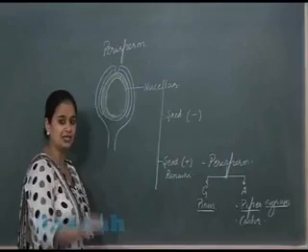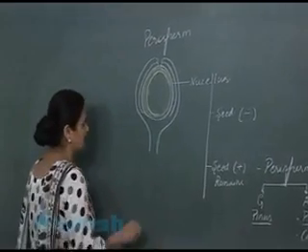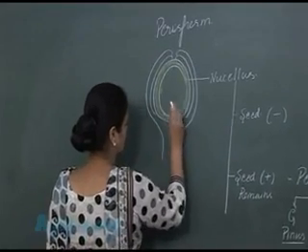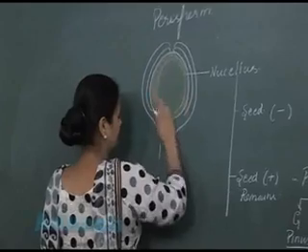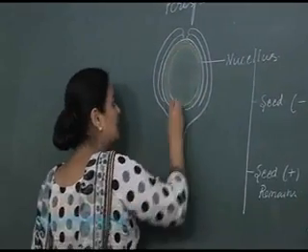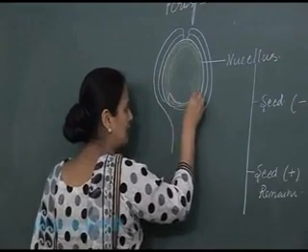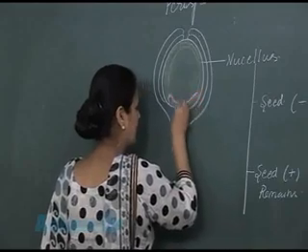Now in some cases the remains of nucellus are present, but only on the lower end, like this. The remains of nucellus are present, but at which end? At the lower end, yes, this end.